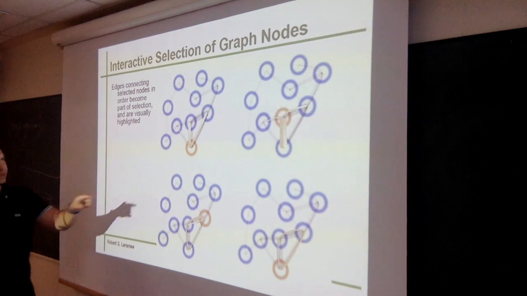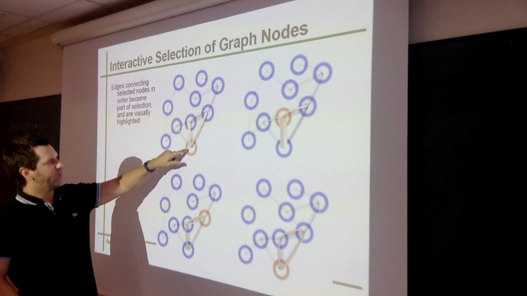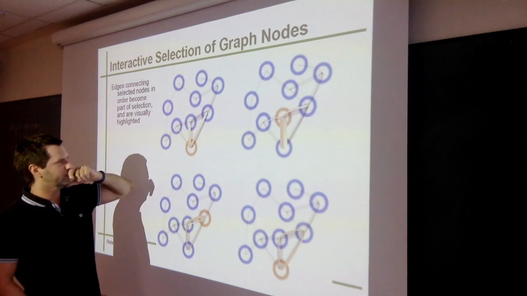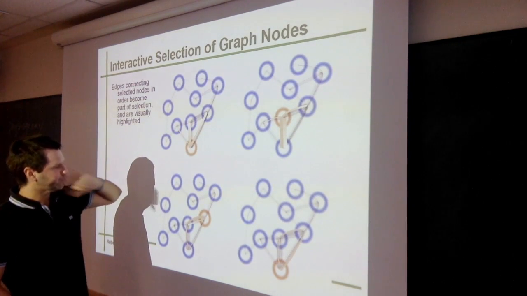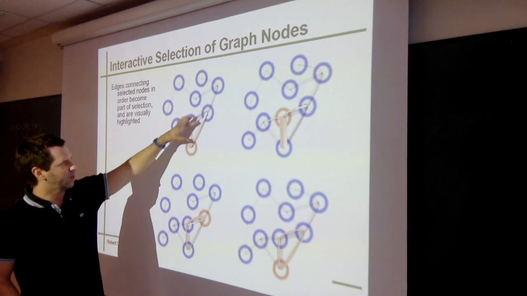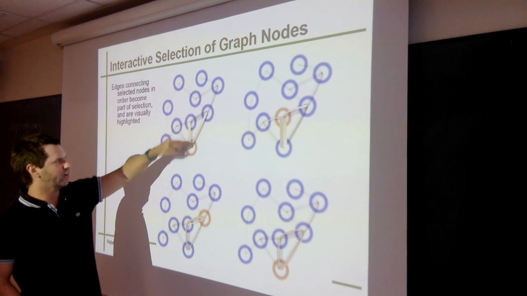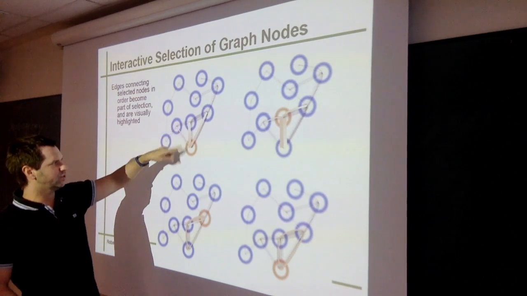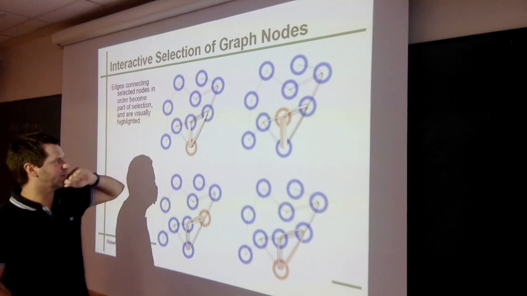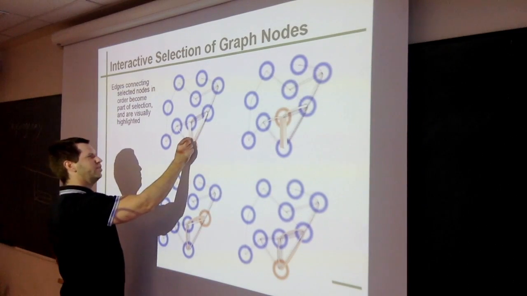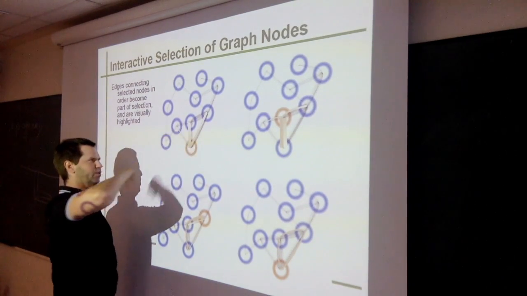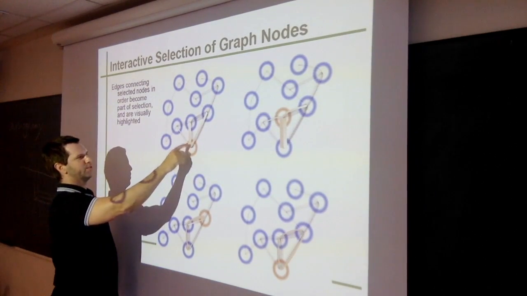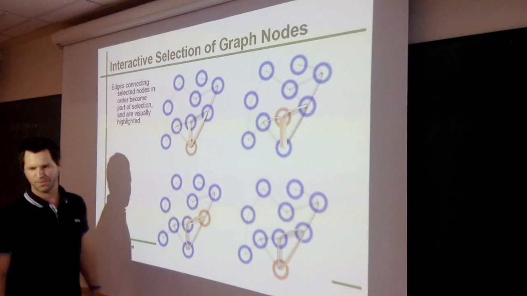If a user clicks on a graph node, then the edges are highlighted to the nearest neighbors, and they're drawn in color, and these textures are actually animated to show which direction the most frequent transitions are. This edge, by the way, is very thick, so there are lots of transitions between this node and this, much more than this one and this one, for example.